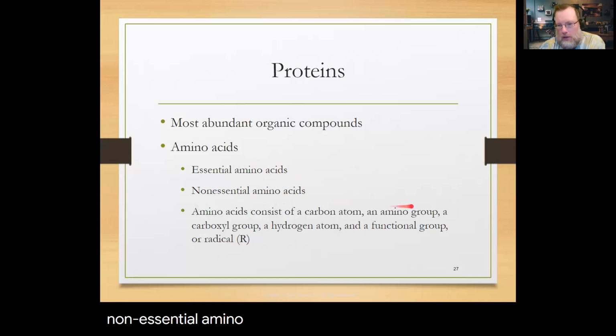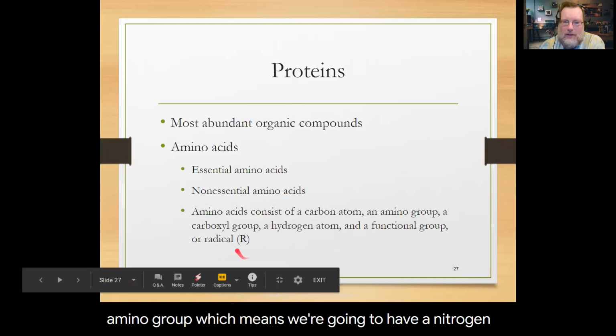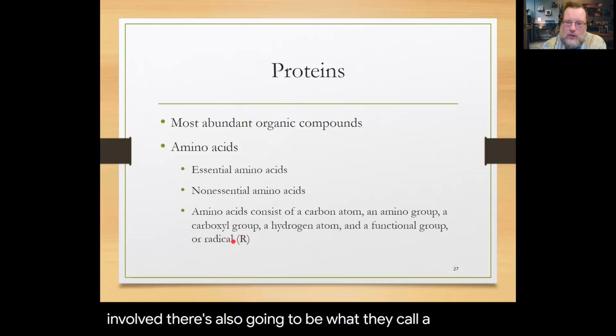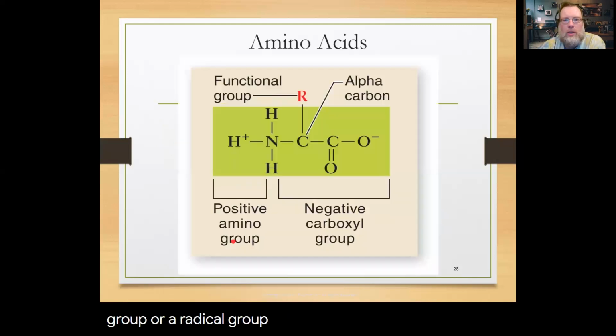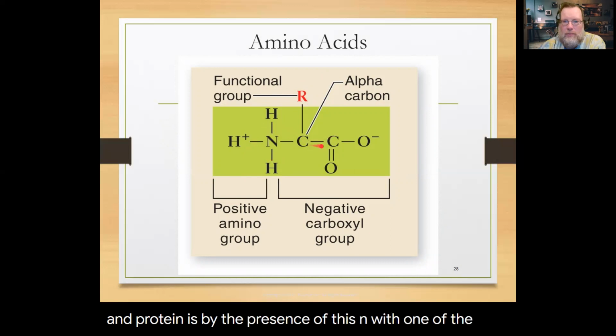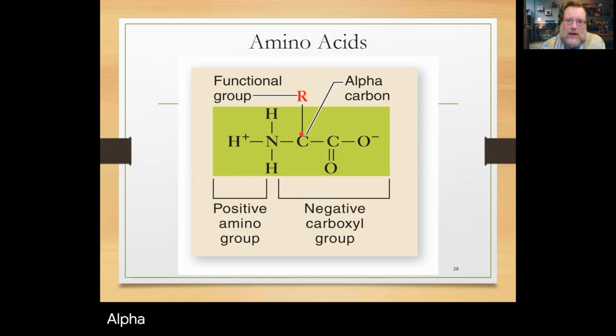Amino acids always have an amino group, which means we're going to have a nitrogen involved. There's also what they call a functional group or a radical group. You recognize the difference between a carbohydrate, a lipid, and a protein by the presence of this N with the alpha carbon.